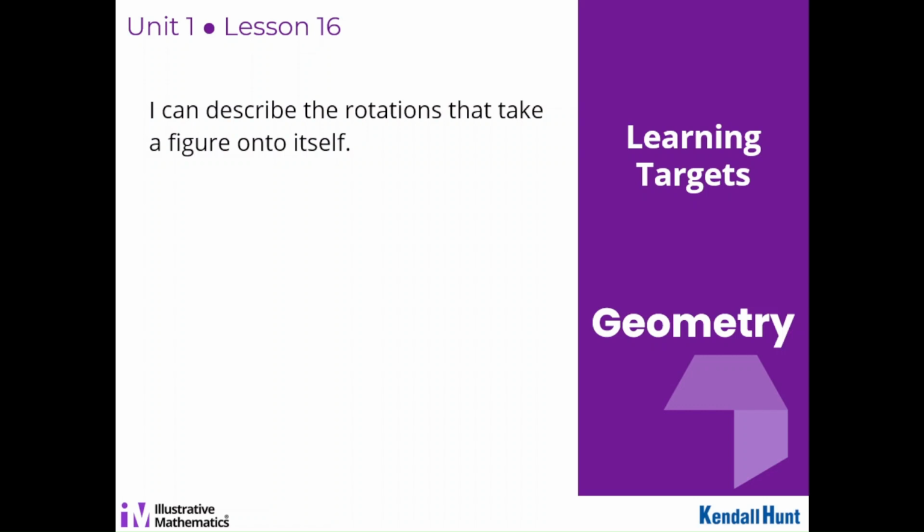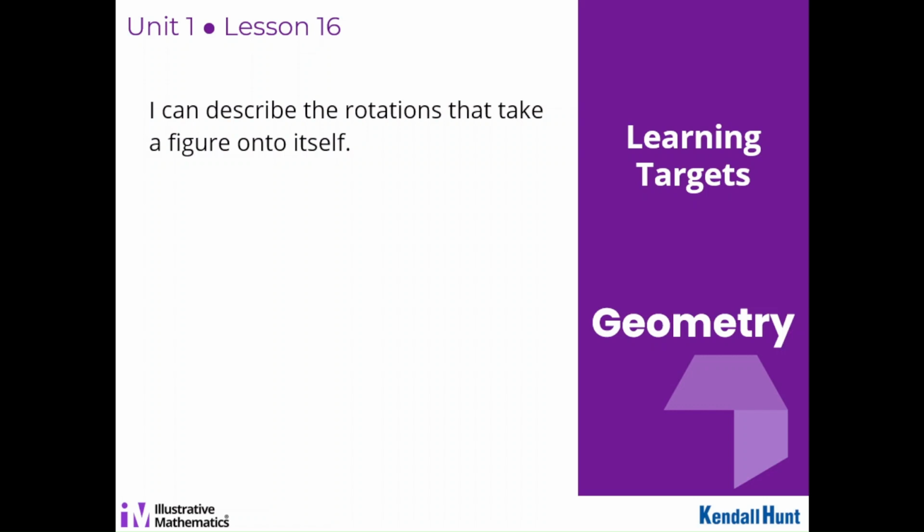So that's what we were looking at in this lesson, is that we say that there is rotational symmetry if we're able to rotate something other than 0 degrees or a multiple of 360 degrees so that we end up with the same image, but the points didn't wind up in the exact same spot.